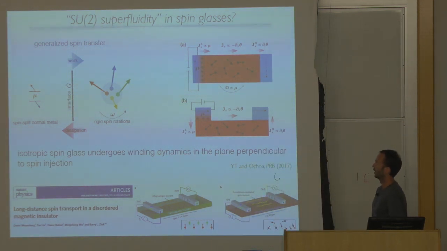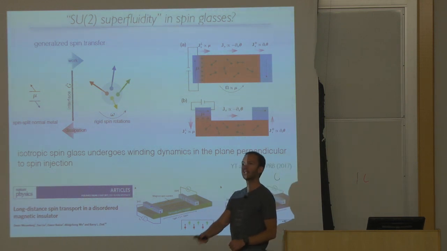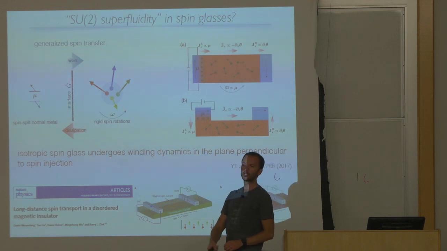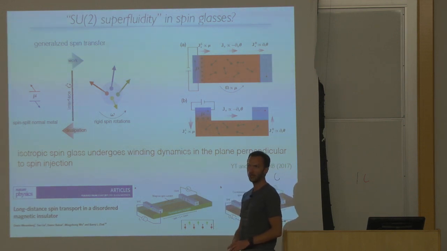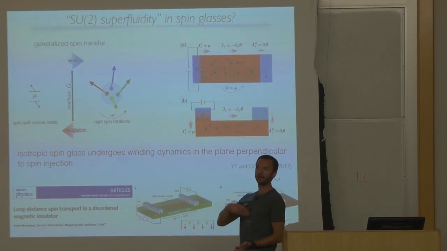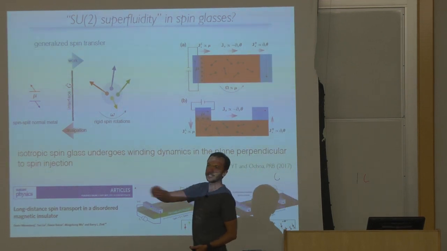It's the same as the question, going back in the day, of what is the conductivity of a one-dimensional superconducting wire or a two-dimensional superconducting film? We understand that normal conductivity is determined by phase slips. That's at least a starting point.